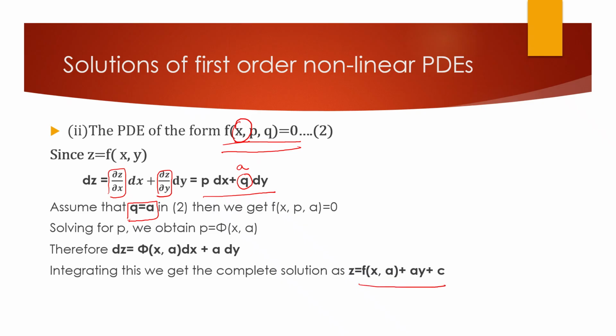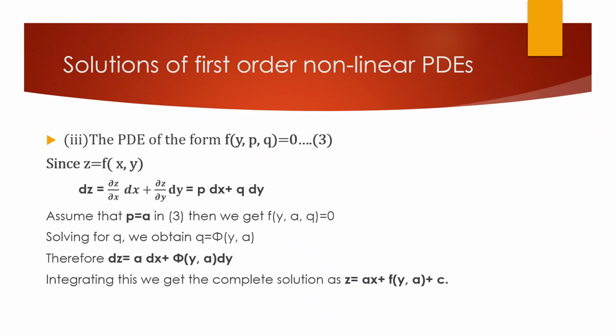Suppose we have the third form of PDE, like f of y comma p comma q is equal to 0. In place of z, if we have y along with p and q, since z is a function of x and y, dz is p dx plus q dy. In this form, we assume that p is equal to a.